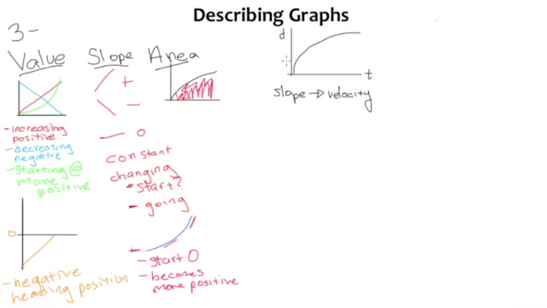I'm just looking at this line right here. And so my slope starts off looking like this. So it starts off very positive, and it's going towards 0. Very positive to 0.